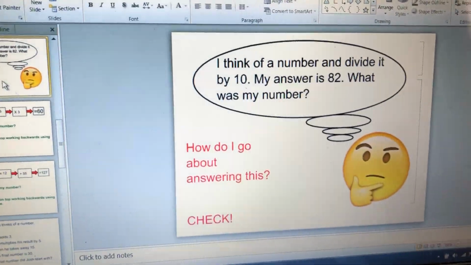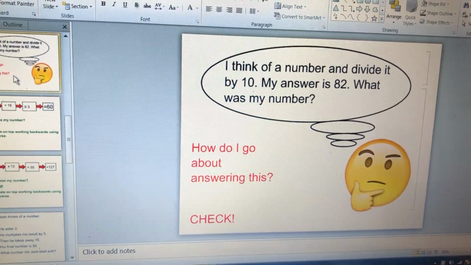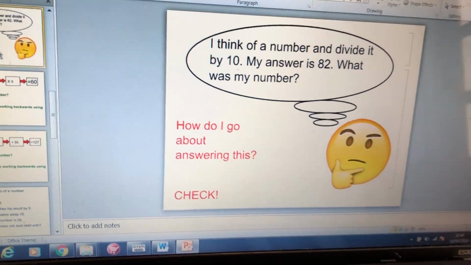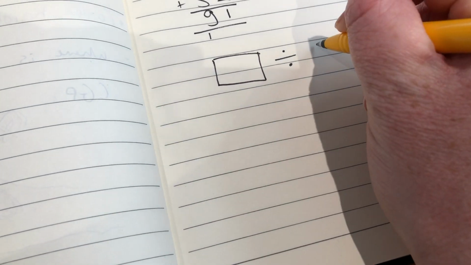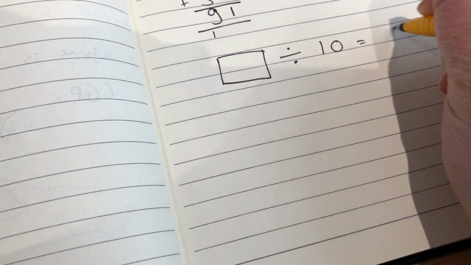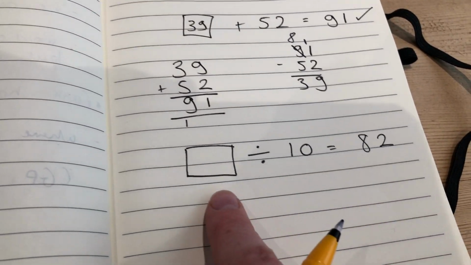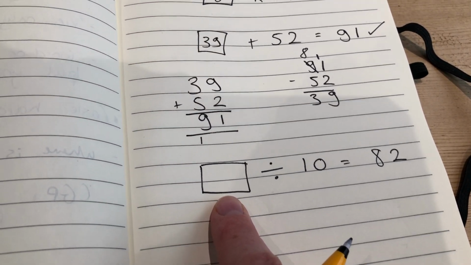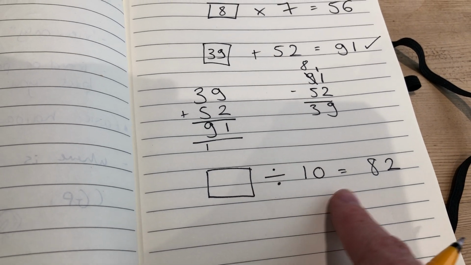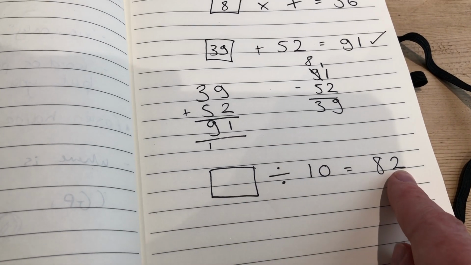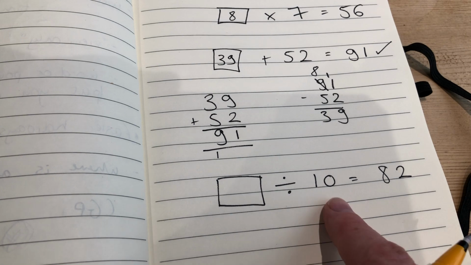These ones: think of a number and I divide it by 10. My answer is 82. What was my number? I don't know what the number was. I divide it by 10 and it gives me 82. I would always be thinking, am I expecting this number to be bigger or smaller? Well, I'm expecting it to be bigger than 82, because I started with a number and divided it by 10.